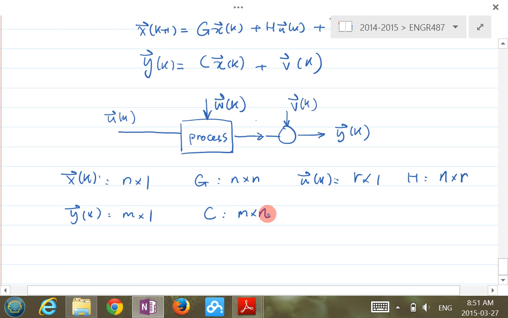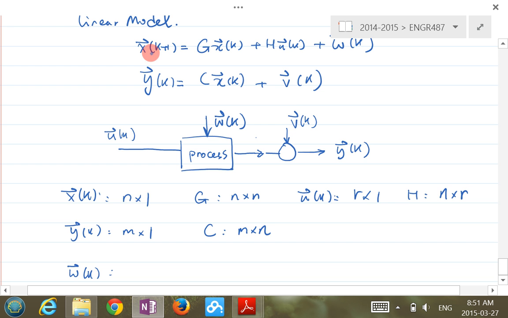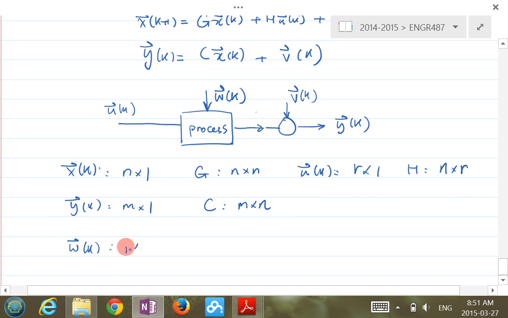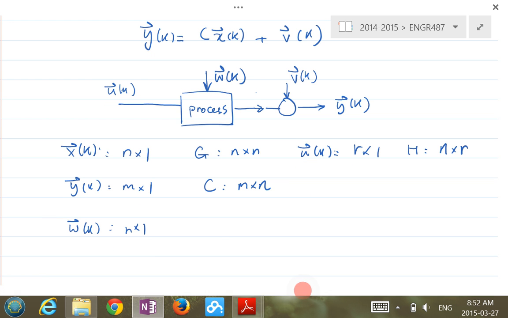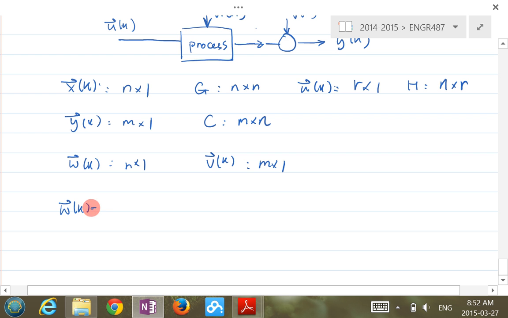W of k and V of k are noise. The size of W of k needs to match X, so this is an n by 1 vector. And V of k is a noise contaminating the output. If there are m outputs, then this is m by 1. If you write it out, W of k equals W1 of k up to Wn of k, and k is 1, 2, up to capital N, and it keeps going.